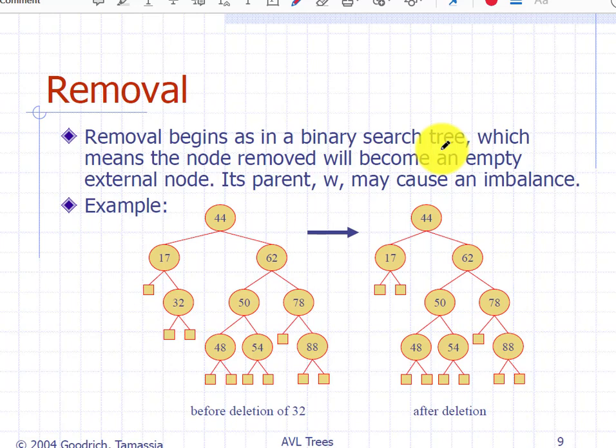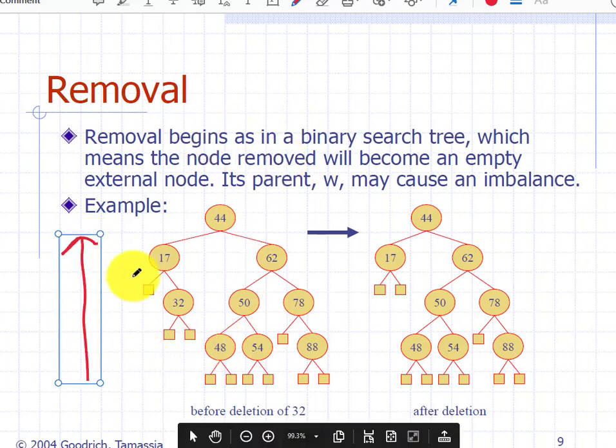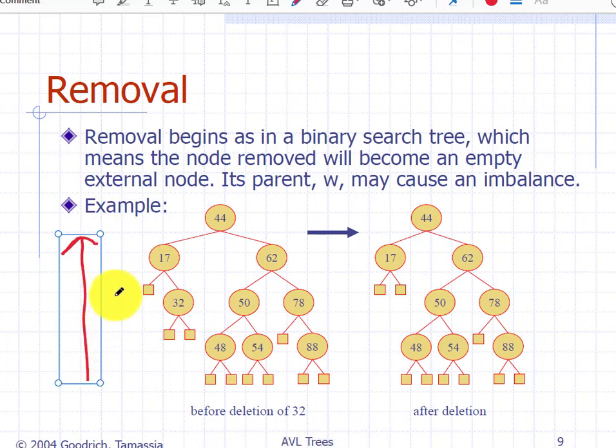But once you remove the node, you then need to perform any amount of rotations to get the tree back into its balanced state. And so the removal operation is the same. You do it, and then you find the node that causes the imbalance, deduce the pattern, and then perform your restructuring. And you'll only need to perform, in the worst case, log n restructurings.